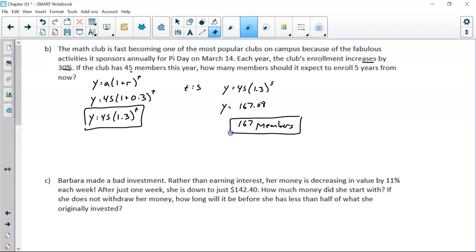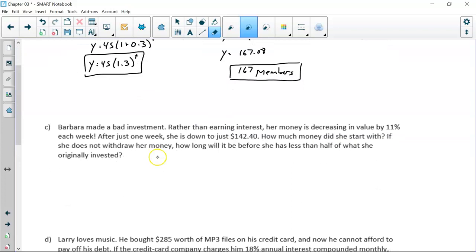We're just using these growth and decay equations we've been coming up with. Barbara made a bad investment. So rather than earning interest, she's decreasing. So it's decay. 11% each week. After just 1 week, she is down to just $142.40. How much money did she start with? So it's decay.